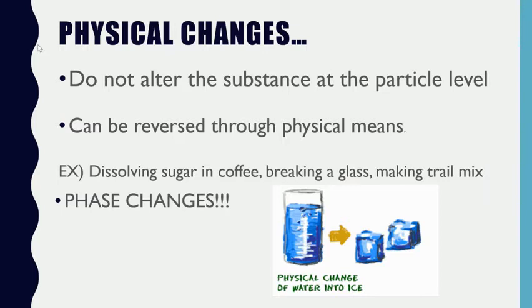A good way to remember this is physical phase. So any phase change, melting, freezing, boiling, evaporating, these are all phase changes because we still have the same particles. They just look a little different.